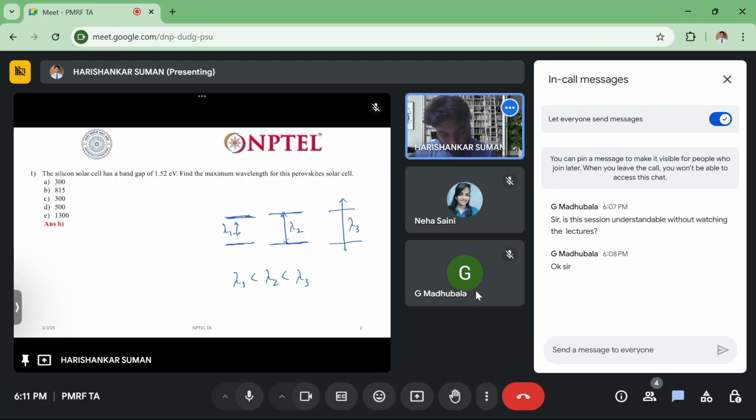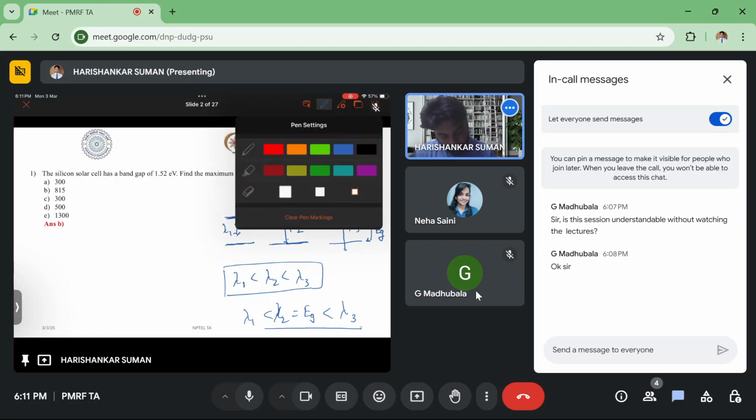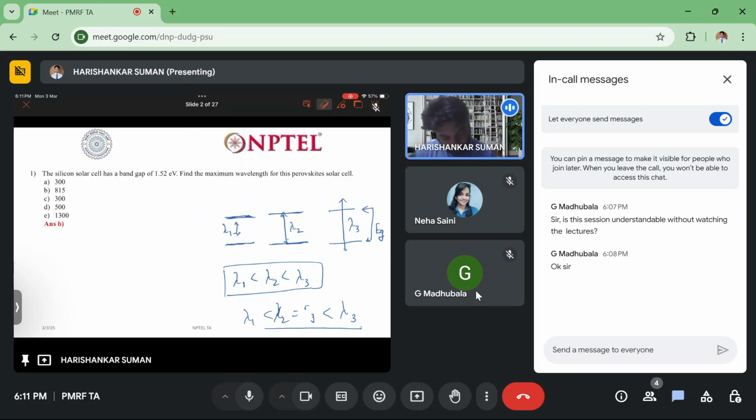Lambda 2 corresponds to the band gap of the material, and lambda 1 is less than that of the band gap.